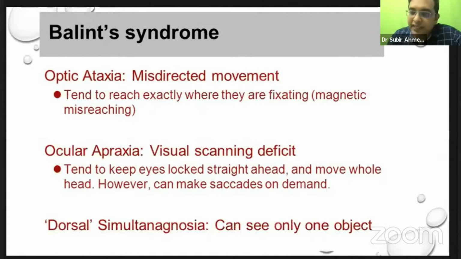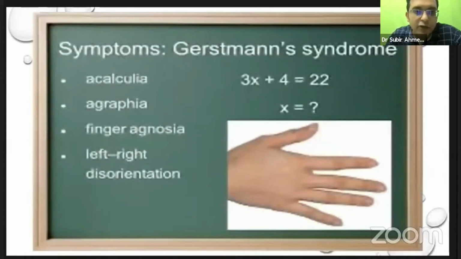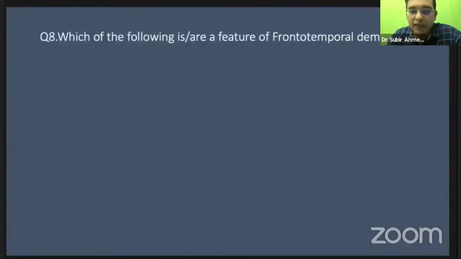So she was not seeing what was on either side of the plate. She was seeing only the things in her first view. She was not able to attend to the curry in the periphery of her vision. That is dorsal simultagnosia. Also, the patient will have Gerstmann syndrome because of angular gyrus and supramarginal gyrus involvement. So that was regarding posterior cortical atrophy.